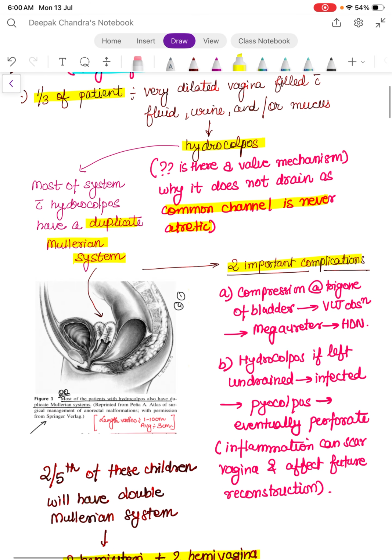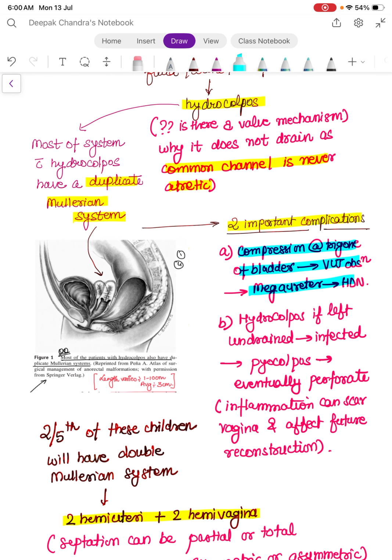So what can be the complication of having a hydrocolpos? As it increases in size, it will cause compression at the level of the trigone, and it will cause VUJ obstruction leading to megaureter and hydronephrosis.